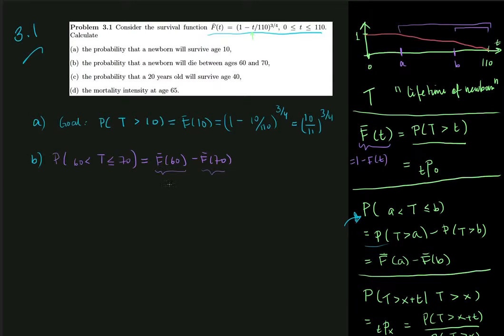On the other hand, if we were to write this up with a distribution function, what we would write would be F of 70 minus F of 60. And you can get to this in various ways, just by looking at the fact that this probability is the same as the probability that T is less than or equal to 70 minus the probability that T is less than or equal to 60. But also you can think about, well, F bar of t is 1 minus F of t.